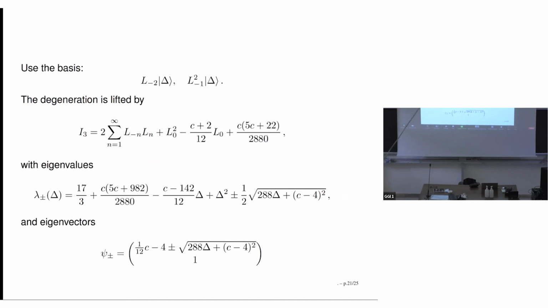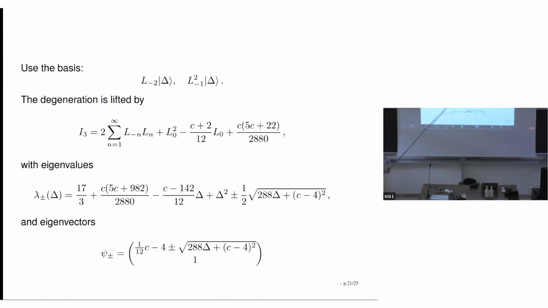And then the two eigenvalues of integrals of motion are not distinguished by the first integral of motion, which is L0 here. You need the third integral of motion, and with the third, you distinguish them. This third integral in this basis is a 2 by 2 matrix. So you diagonalize it.